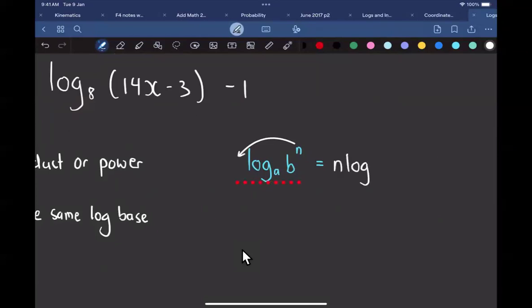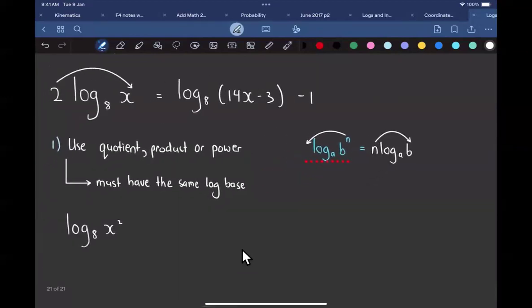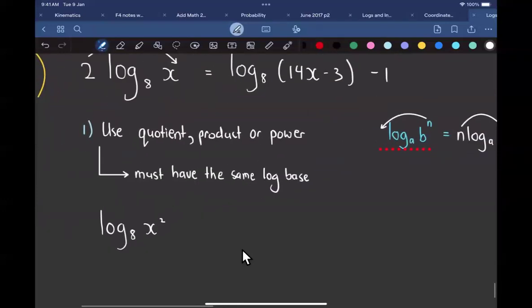Right, and if I wanted to reverse it, I would have to take the n and bring it back up to the top. That's why we call it the power rule. And you see no brackets involved there. None, nada, no brackets. So now you know. And that'll be equal to log base 8 of (14x minus 3).